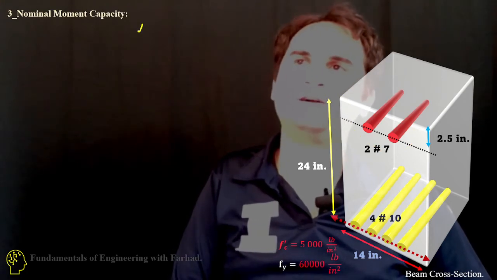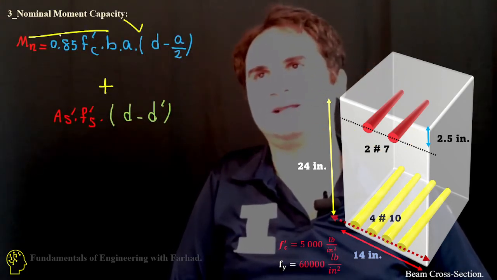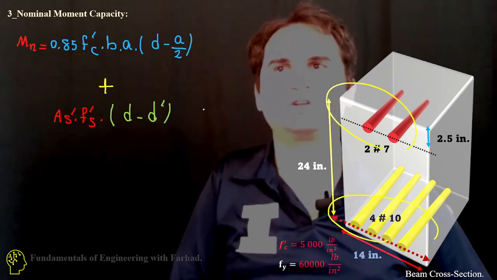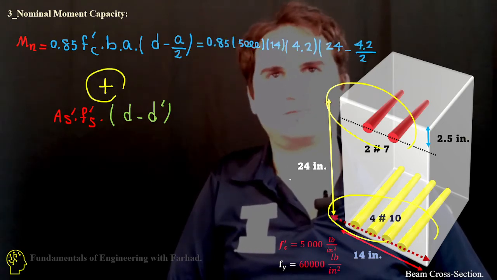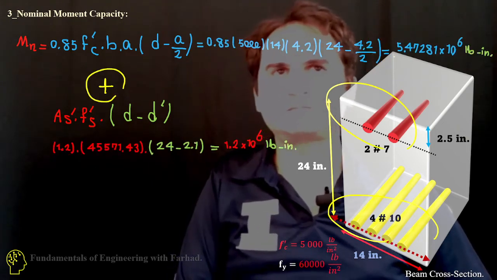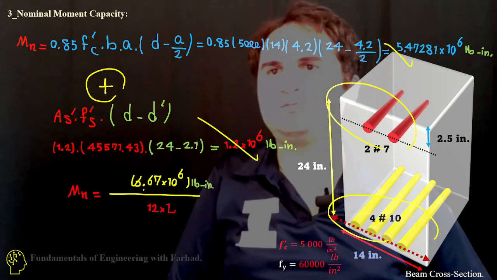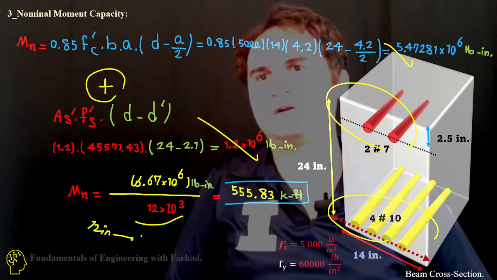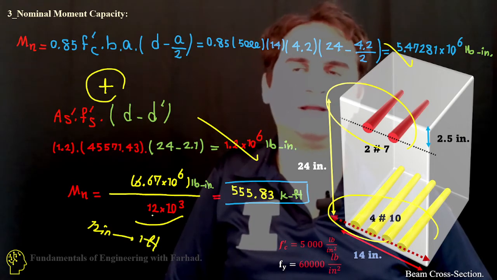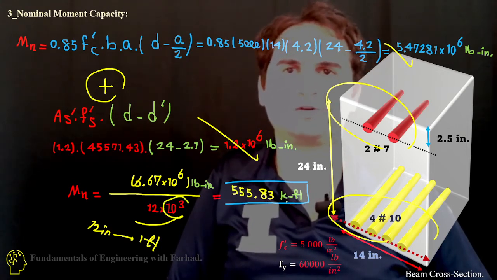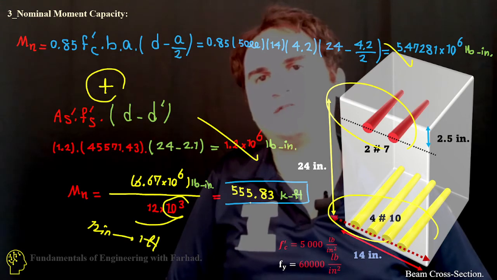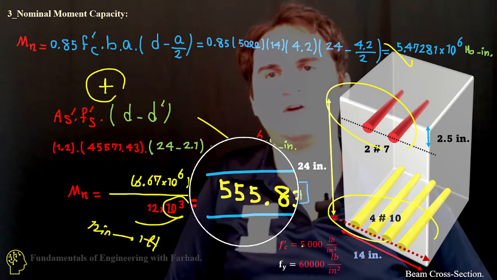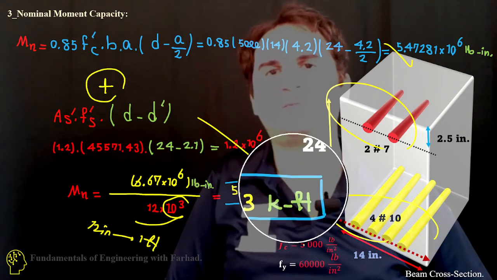The third step is nominal capacity, and that consists of two parts: a tensile domain and a compression domain. Add them up together and report the addition of the two moments. Don't forget to convert it: 12 inches is 1 foot, and divide by 1000 to report it in kips. That makes it 555.83 kip-feet nominal moment capacity, Mn.